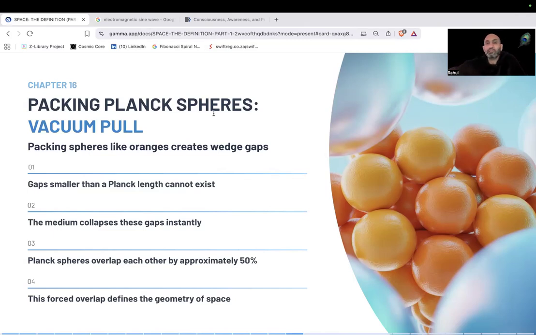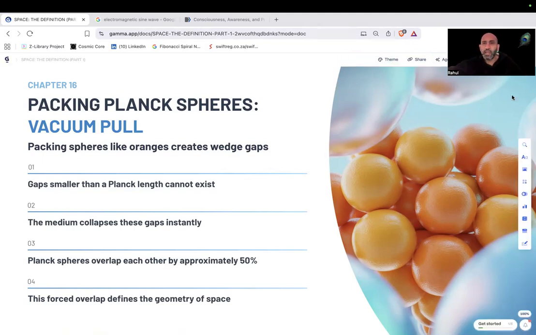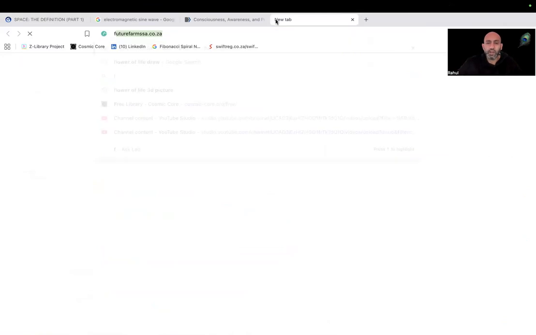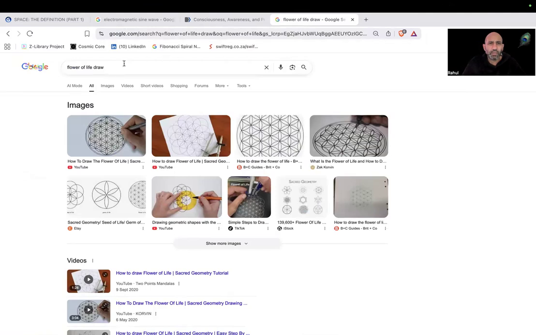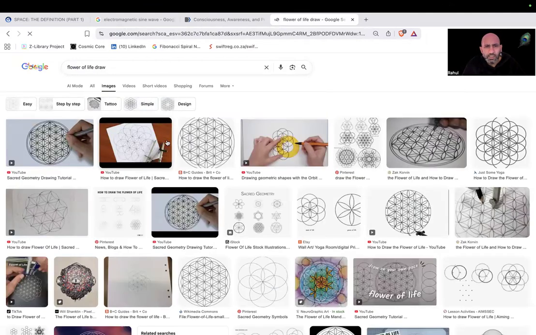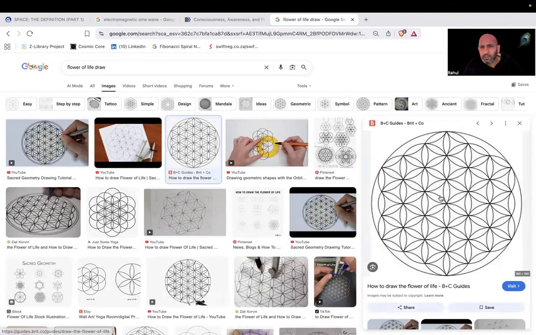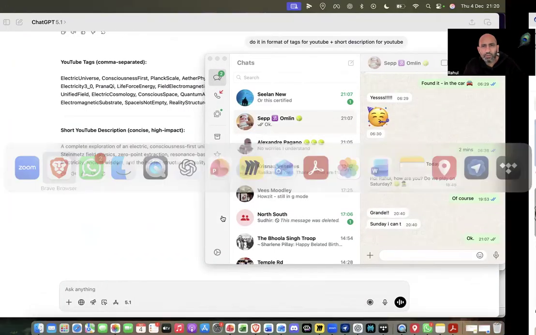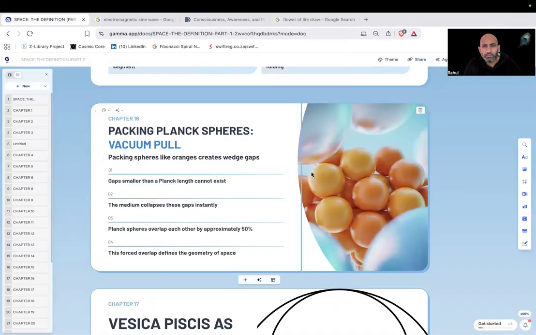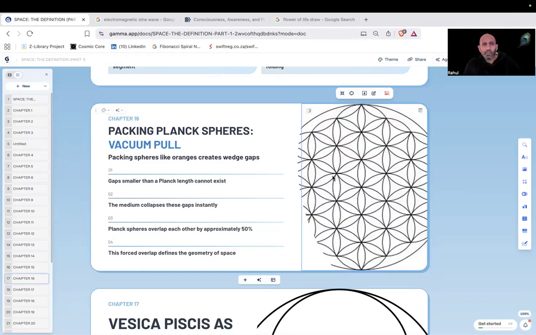We talked about the packing factor. Ironically, this picture of the oranges is a very inefficient packing factor. In fact, it's more like the flower of life pattern, which is a series of overlapping circles like so.